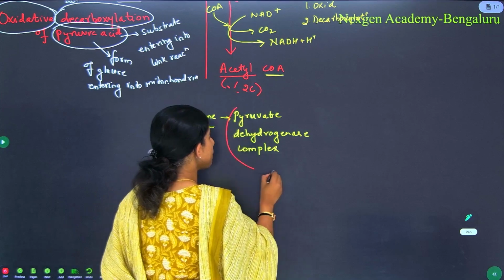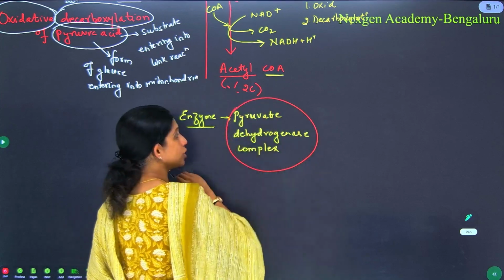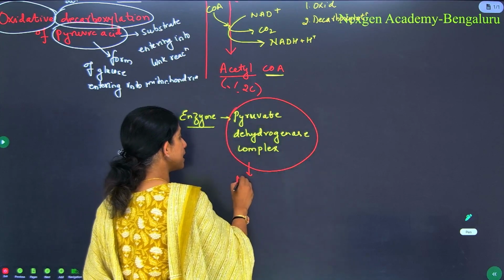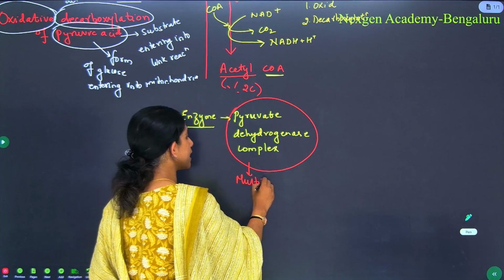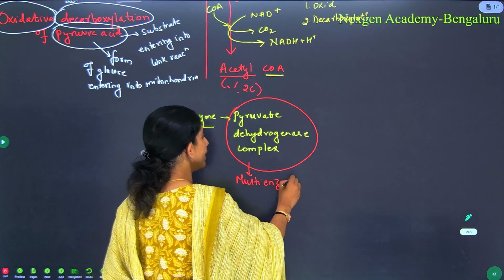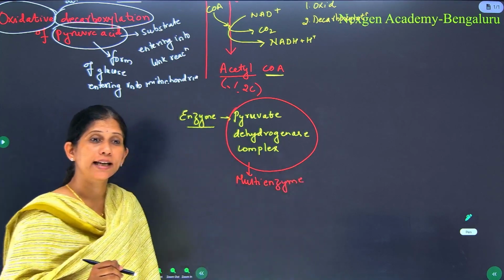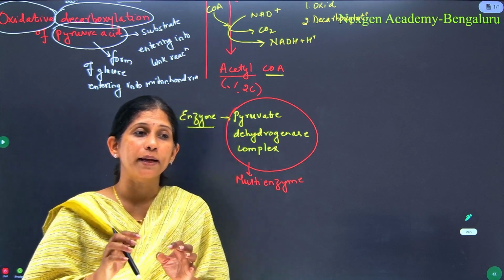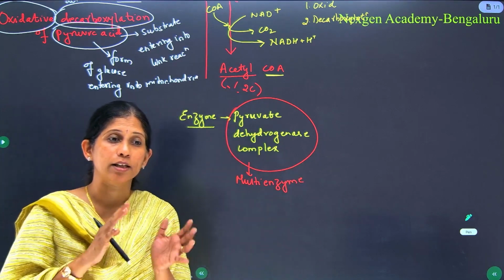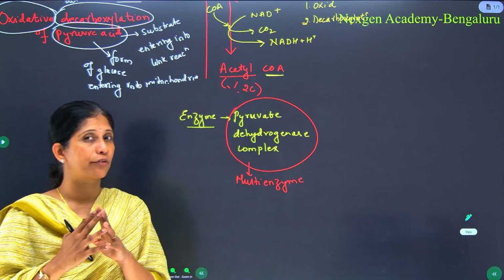Remember, this pyruvate dehydrogenase complex is a multi-enzyme system, right? When I say it is a multi-enzyme system, it is not made up of one particular enzyme. It is a combination of different enzymes and different cofactors.